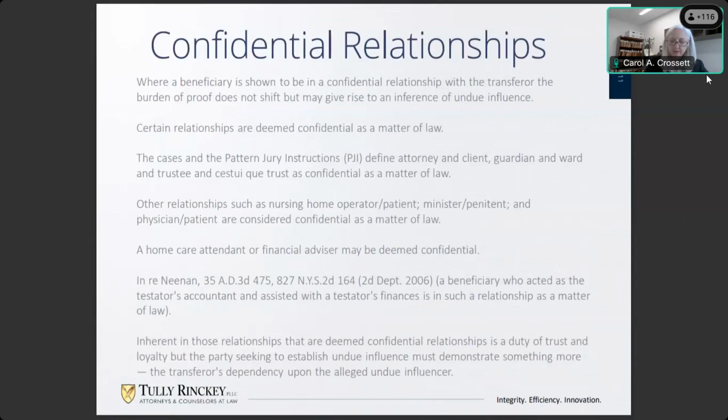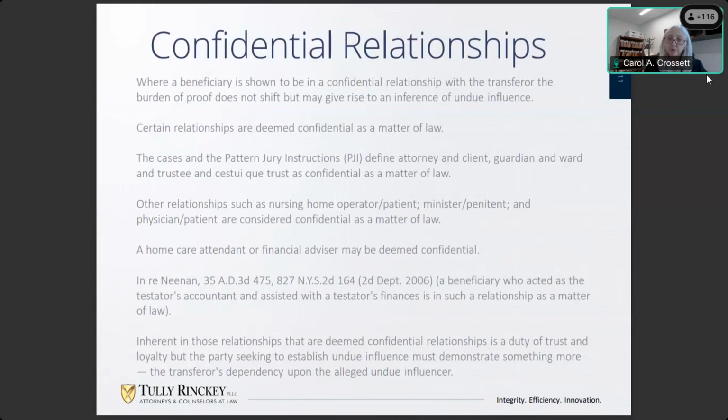So what is that? There's the issue of confidential relationships that come up with undue influence on many occasions. And this is where a beneficiary is in a confidential relationship with the transferor, and the burden of proof does not shift, by the way, but it may give rise to an inference of undue influence.